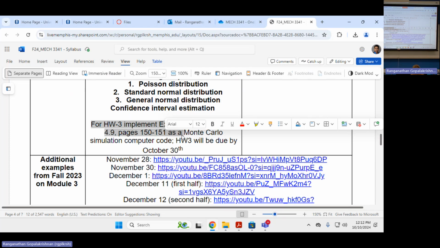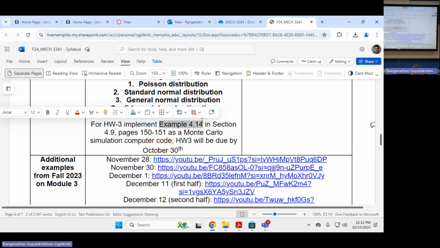We'll do it after the exam, but I also changed the problem to something for which you have a reference. If you go to the handout, see example 4.14. I want you to implement that as MATLAB code. It's a much simpler problem, just one quantity being simulated as a random number, much simpler than doing 7 swing states. We'll discuss the swing states thing, just not as a submission exercise.